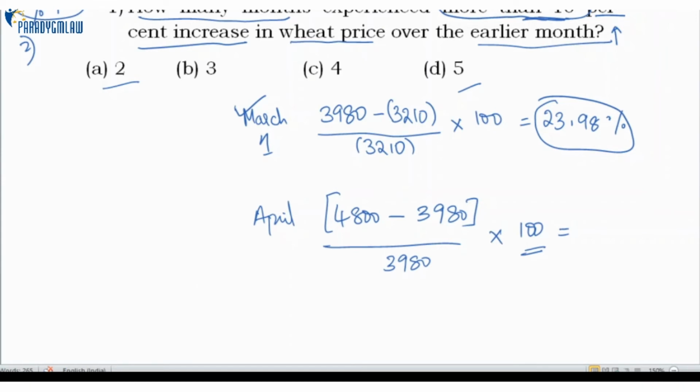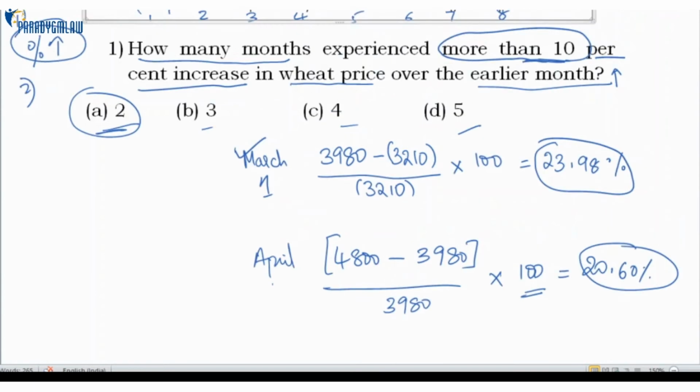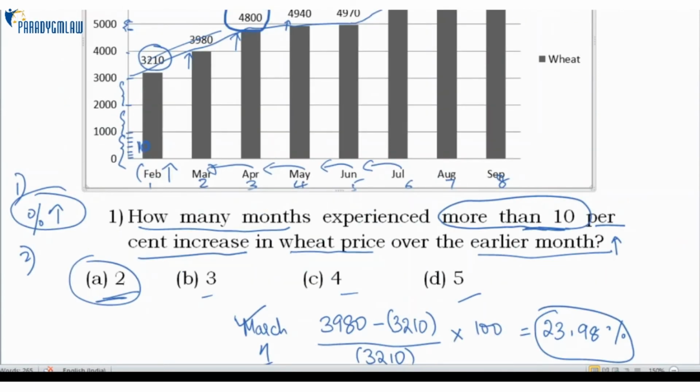When you calculate, you will find the answer as 20.6%. So this is also a qualifying answer. So a minimum of 2 is already right. But I need to check for 3, 4, and 5.